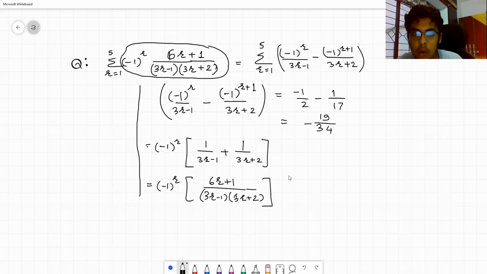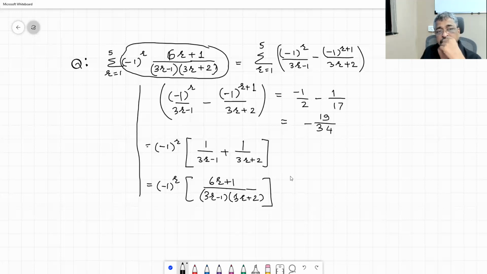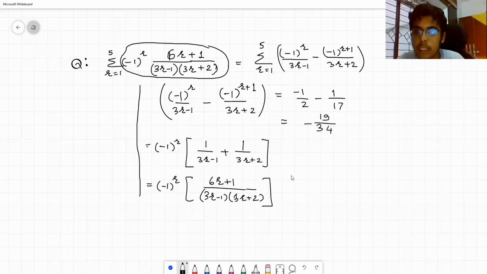As in, the second odd term will cancel out the first even term, and the second even term will be cancelled out by the next pair's odd first term. That's why again the telescopic setup is created, and we get minus 1 by 2 minus 1 upon 7.